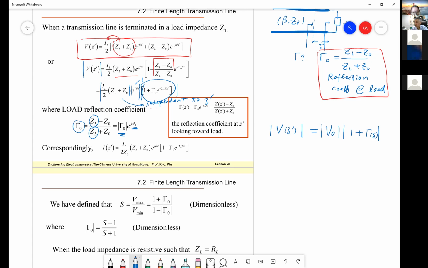So if I draw a vector diagram, because this is a complex plane, if this is 1 and this is gamma, gamma has a magnitude and a phase theta.